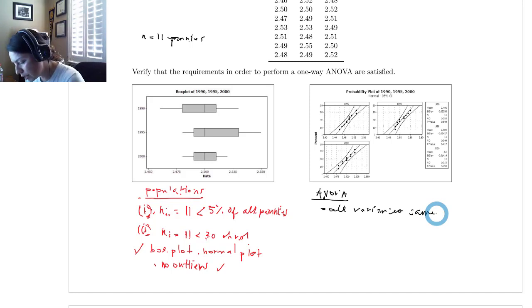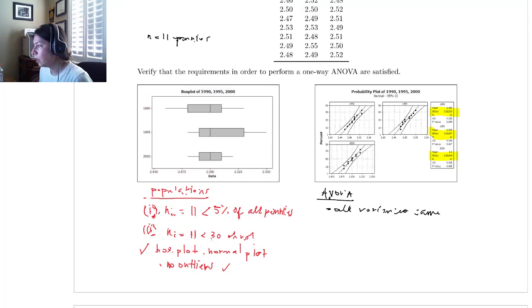If I zoom in here, it's pretty small, I know, but we can see the standard deviations here, here, and here. If I squared the standard deviation of each one, since the standard deviations are all different, the variances would also be different. But remember that that's okay.